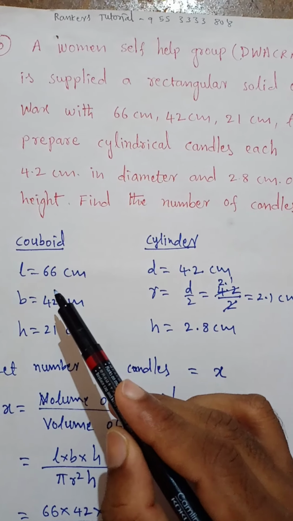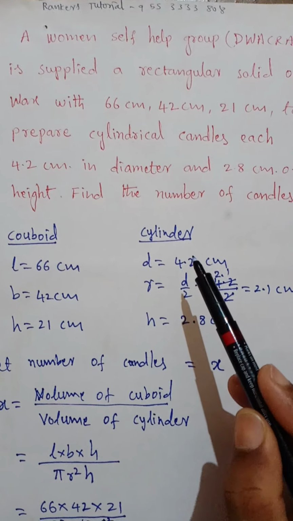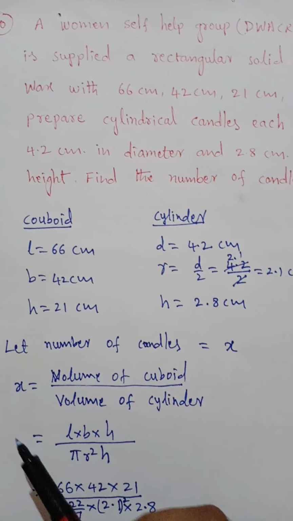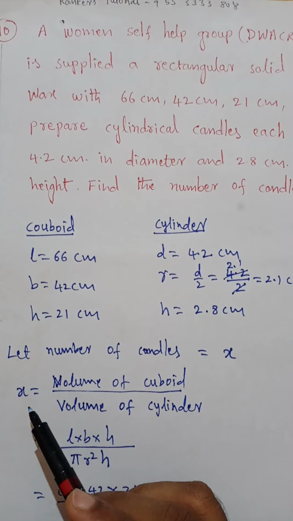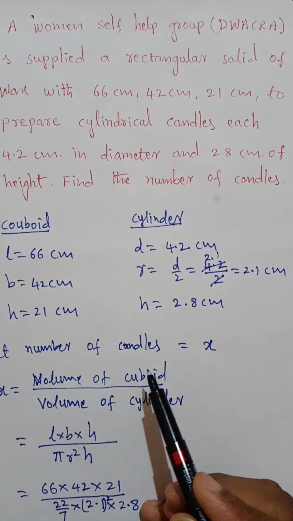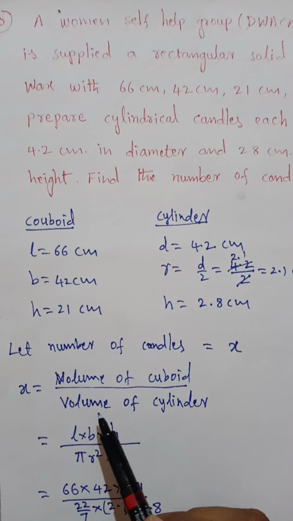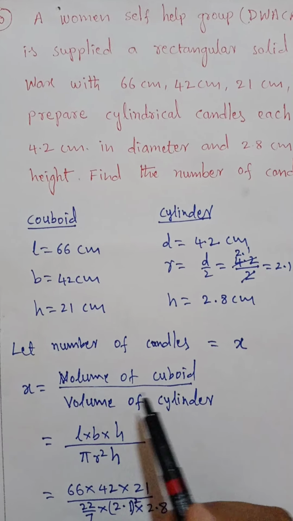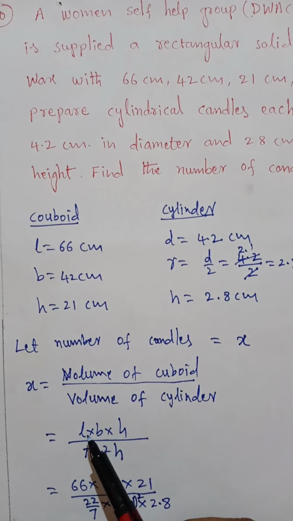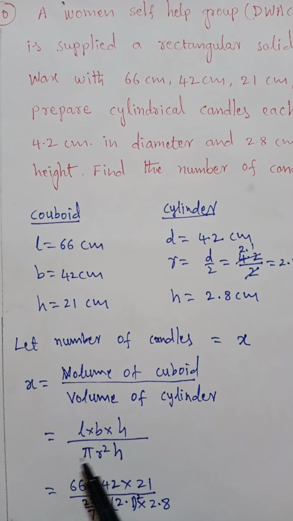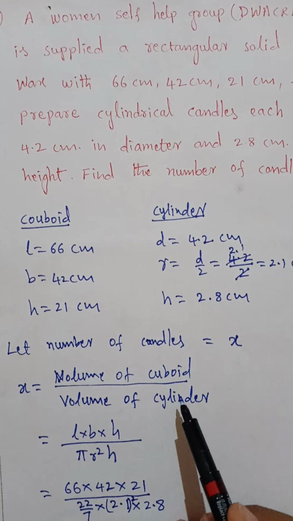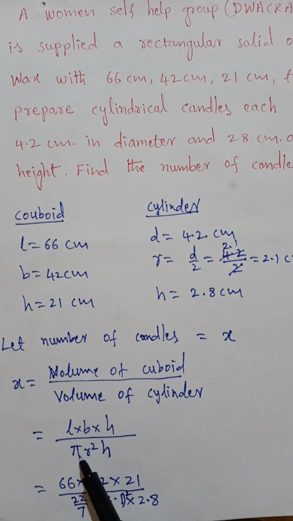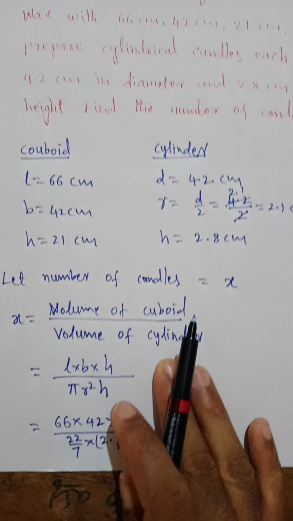So bigger one is the cuboid and smaller one is the cylinder. So x equal to number of candles equal to volume of cuboid divided by volume of cylinder. Then write the formula: volume of cuboid equal to l into b into h, divided by volume of cylinder, formula pi r square h.